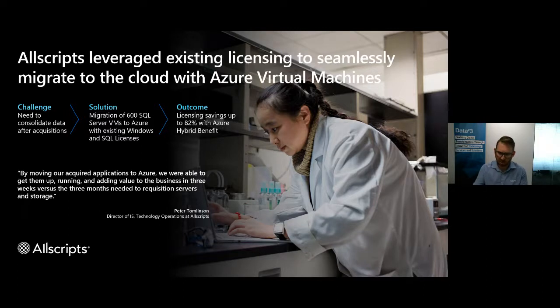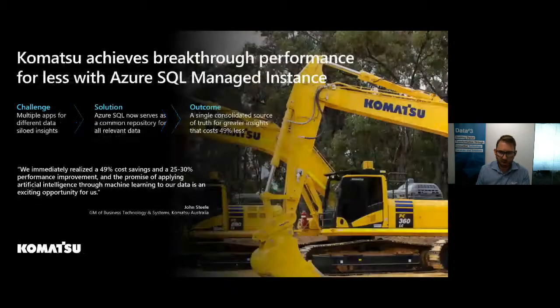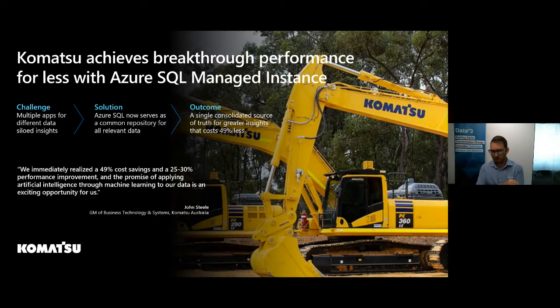And you'll see some other numbers come through, and you'll hear Azure Hybrid Benefit a few times during the first session this morning. But yes, able to then provide that scalability, a good outcome for Allscripts. We've got customer links to these as well that Marcel will post in the chat window for you also.